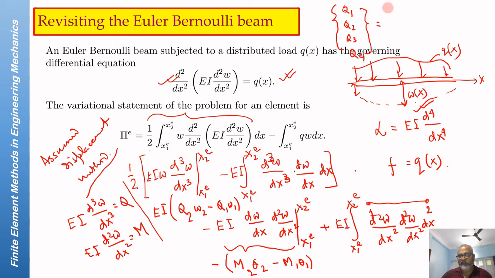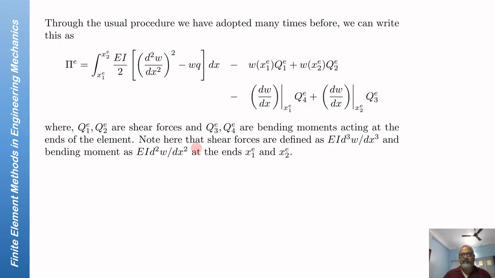This is used in place of Q1, M1, Q2, M2. So we are going to use Q's at the nodes for both bending moment and shear force. If we do that, then we can write this whole thing as this. So this is what we are going to write.